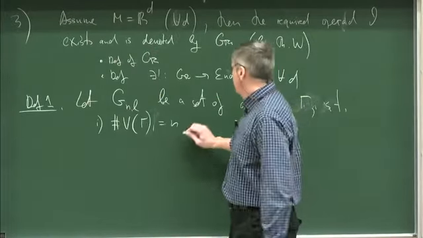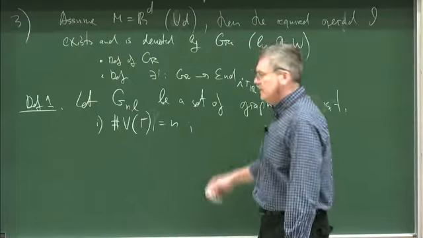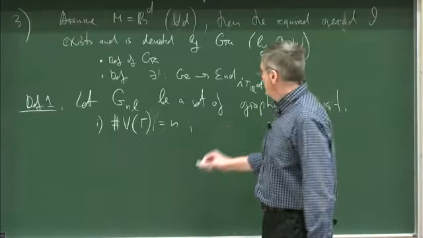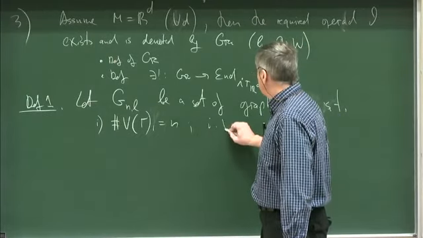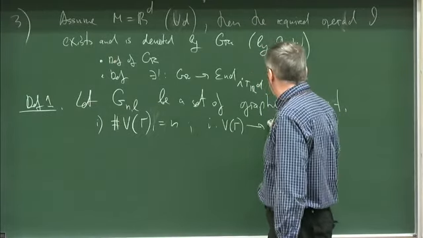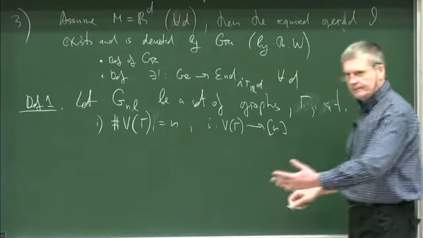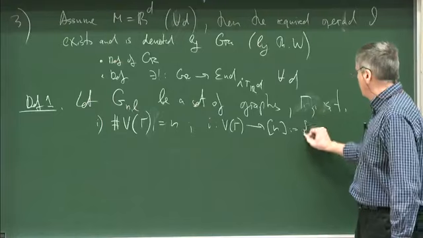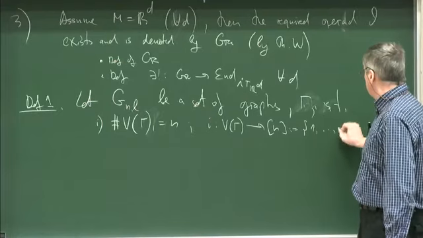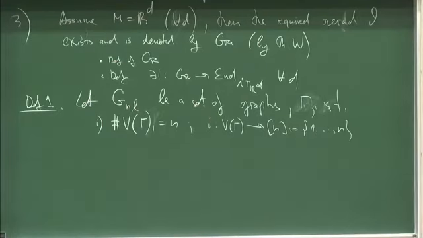And moreover, we enumerate them. We fix some map from this set of vertices to the set {1,...,n}. This notation in brackets means 1 to n. We fix it. They're labeled.